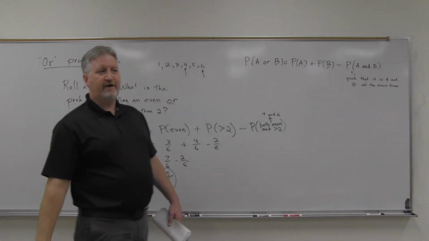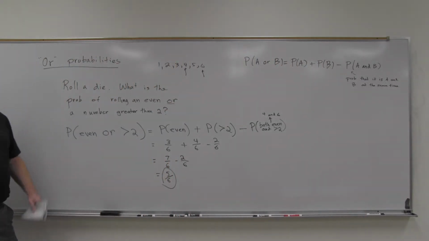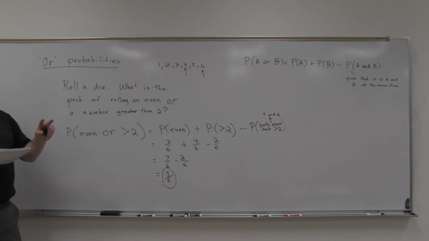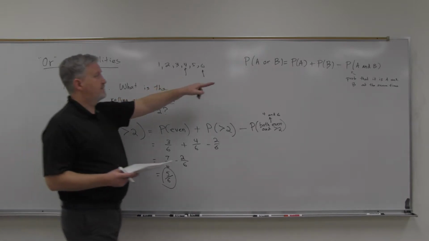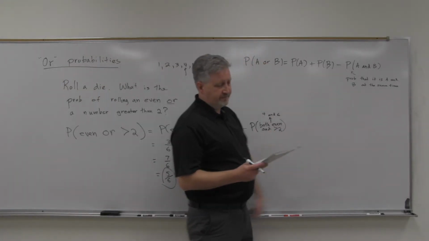That's what that means, okay? So there's a slight little kink there in saying that "or" means add. Yeah, it does mean add, but you have to subtract off this.